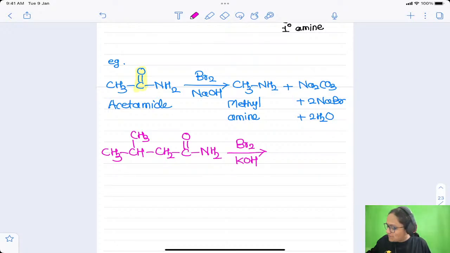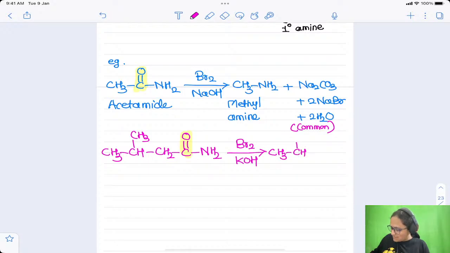So what will be the main product here? Simply delete this part, that's it. So CH3 CH2 NH2, that's it. So this will be the product.